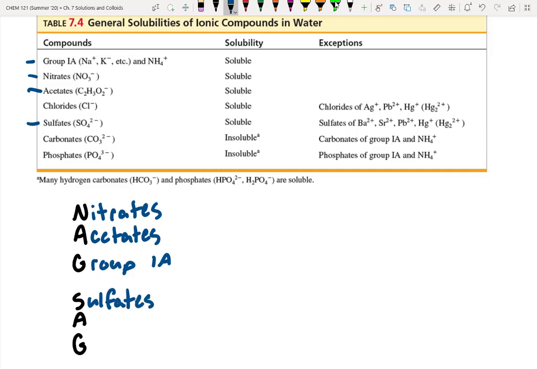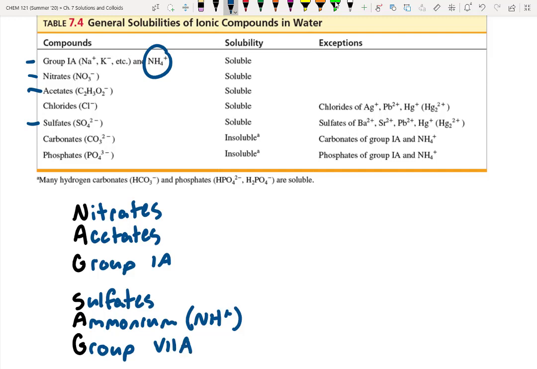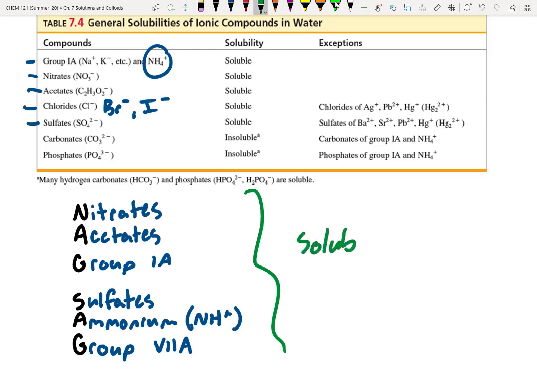That tends to be soluble. A is ammonium. That's the NH4 cation. Those tend to be soluble. And then the last one is G for group 7A. And if you look at that, that's things like chlorides, it could be bromides, iodides, things like that tend to be soluble. So this helps me remember the solubility rules to a good extent.